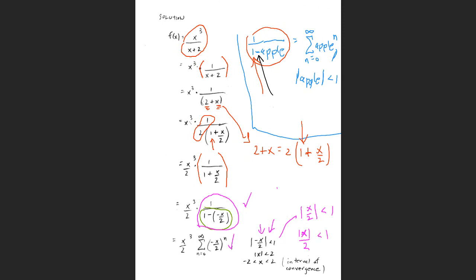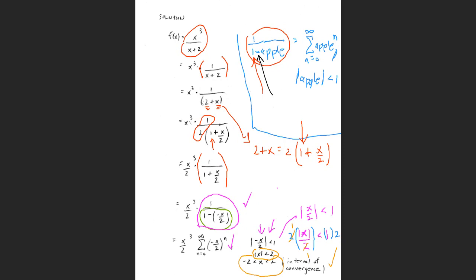And of course, we can multiply both sides of that inequality by 2, and the 2s simplify out, giving us that the absolute value of x is less than 2, or equivalently, x is between negative 2 and 2. That's your interval of convergence.